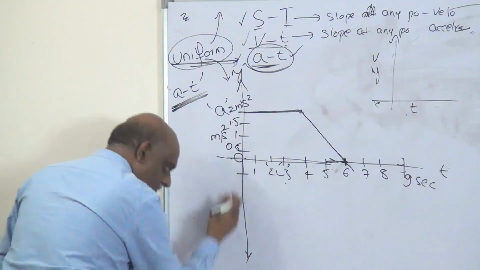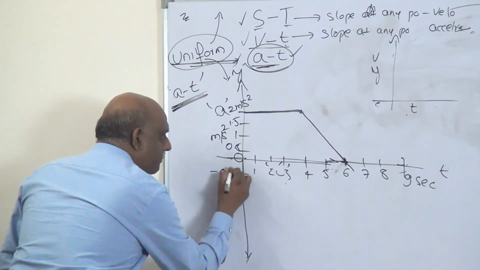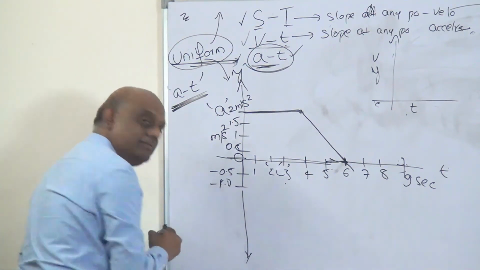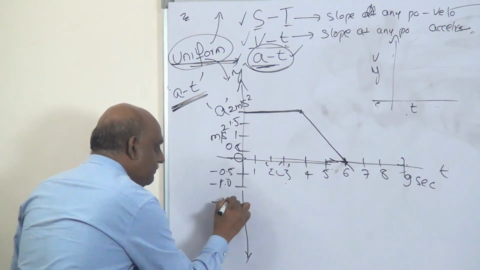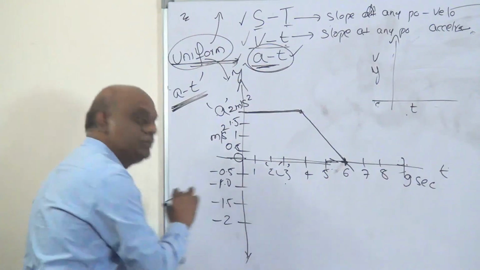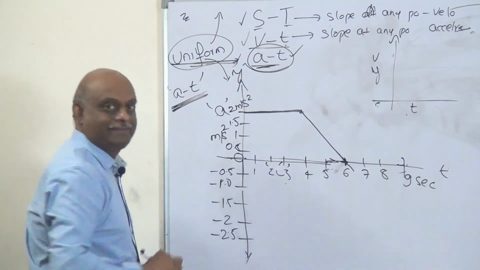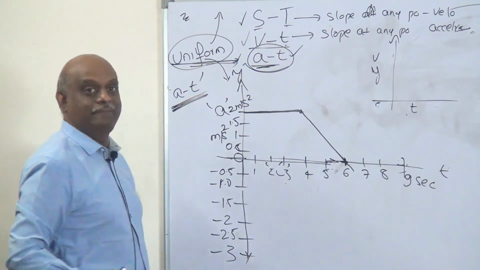Acceleration on the negative y-axis: minus 0.5, minus 1.0, right? Then minus 1.5, then minus 2, then minus 2.5, then minus 3.